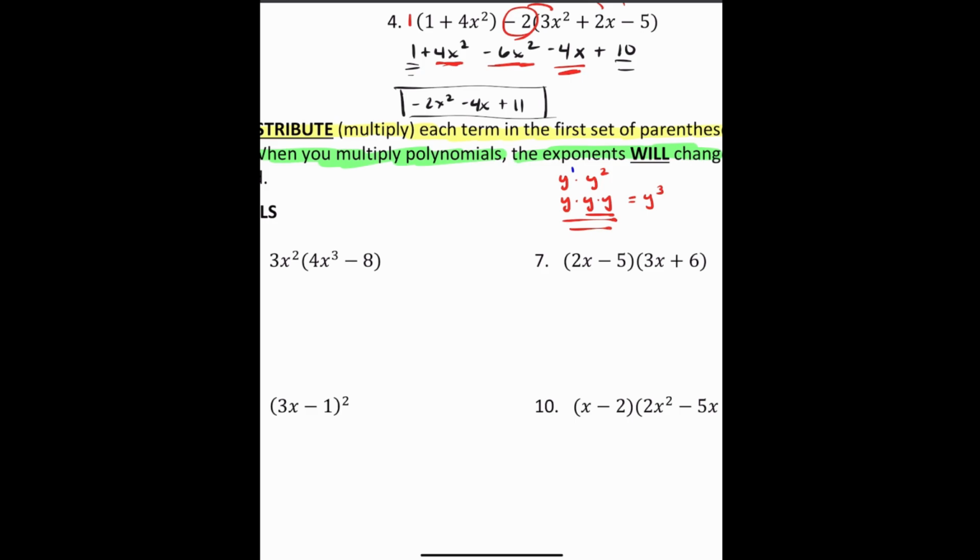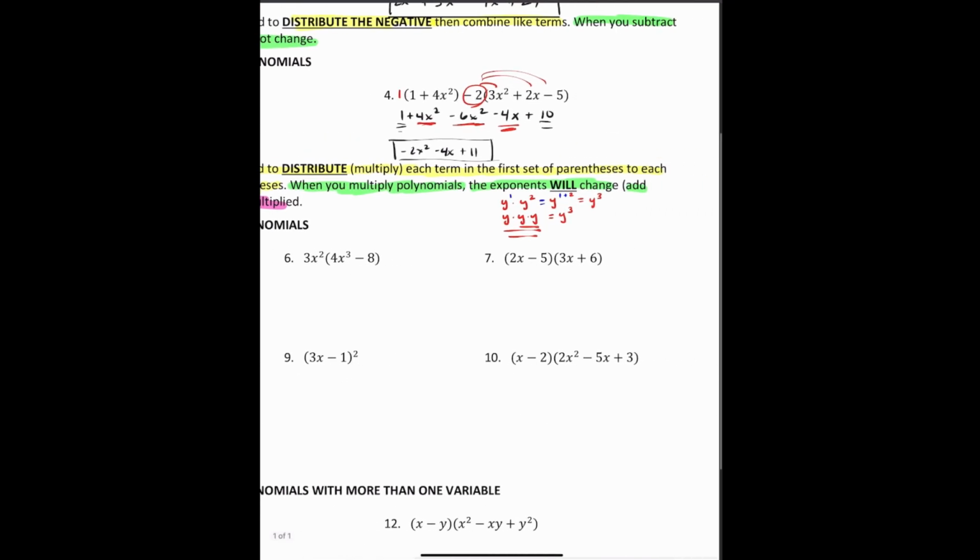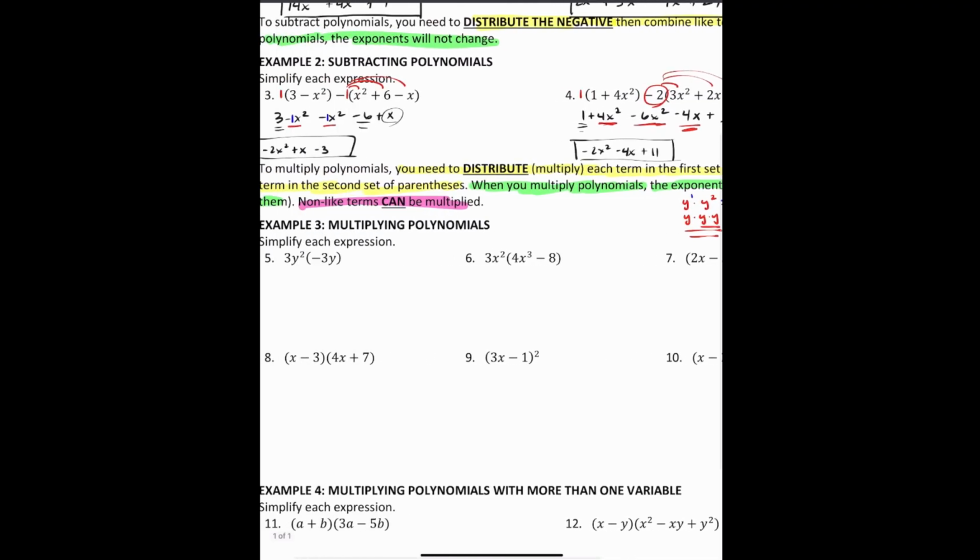Y is the same thing as y to the first power. Well, basically, you keep the same base, which is the y, and then you add the exponent. And y to the first power plus 2 is y to the third. Okay? So when you multiply exponents, the exponents will change.